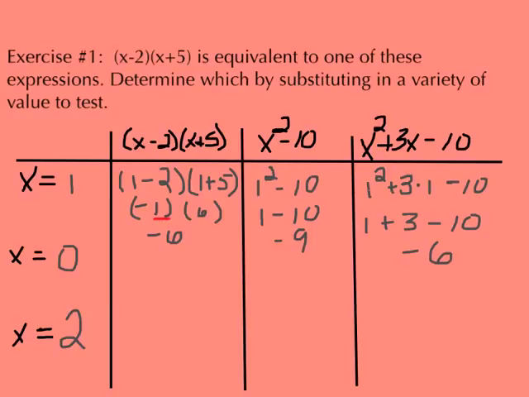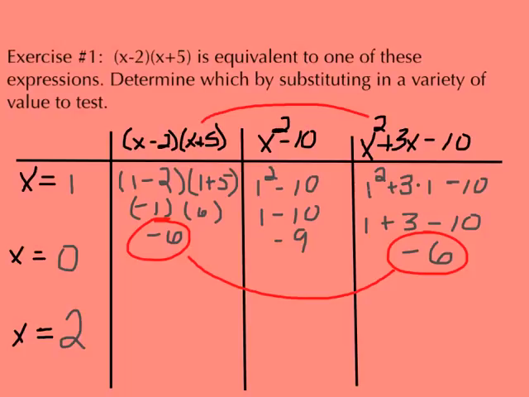Please recognize that negative 6 and negative 6 come up in those two expressions. So as of the first test, x equals 1, these two would be equivalent. Why are they equivalent? Because when I plug in x equals 1, I get out negative 6 and negative 6.